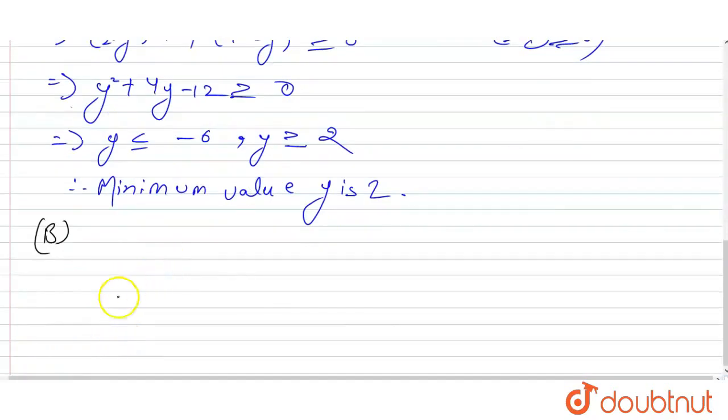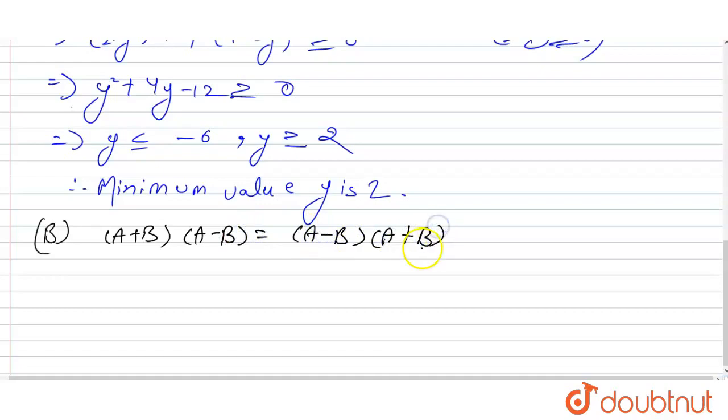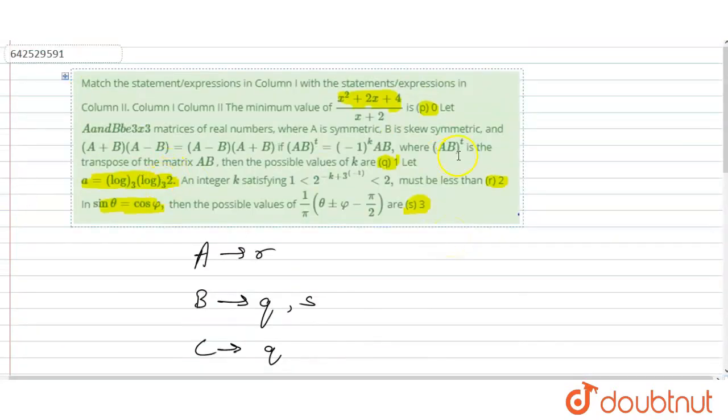We have (A plus B)(A minus B) and (A minus B)(A plus B), right? So now let's try to solve this.